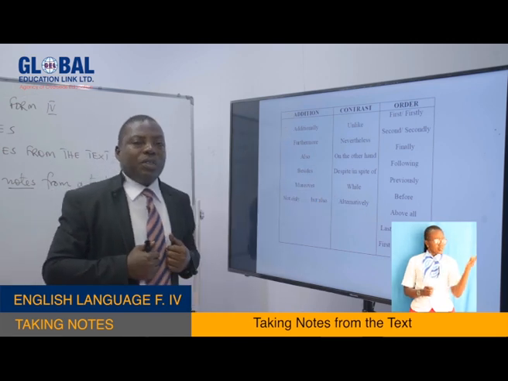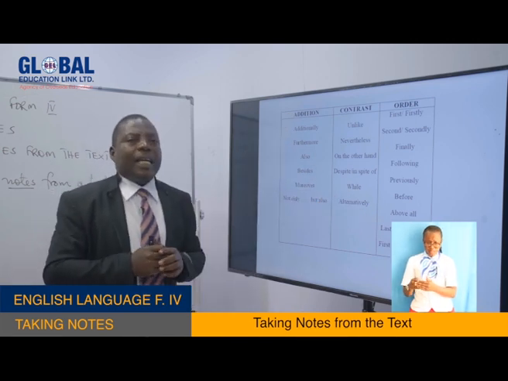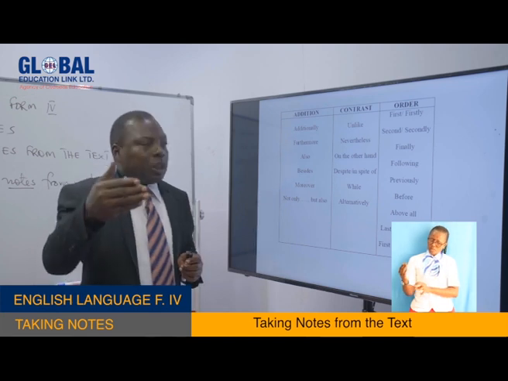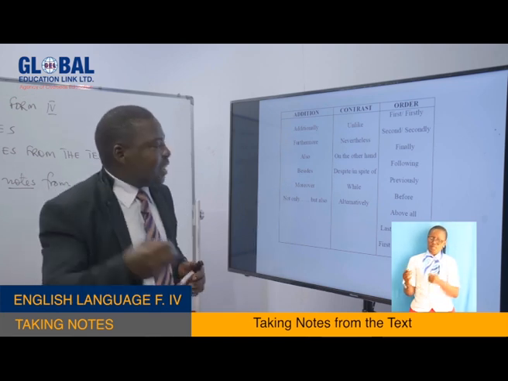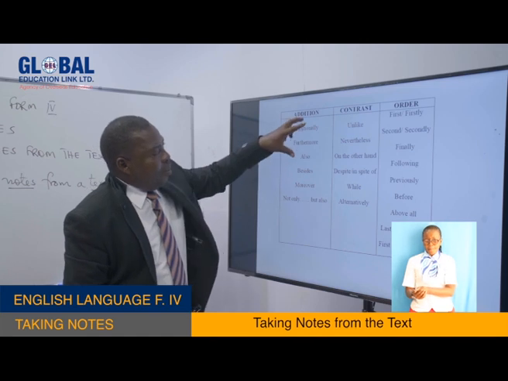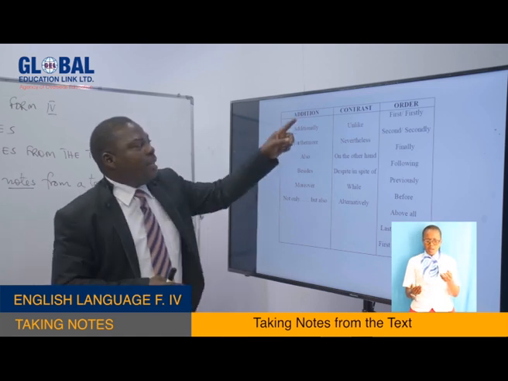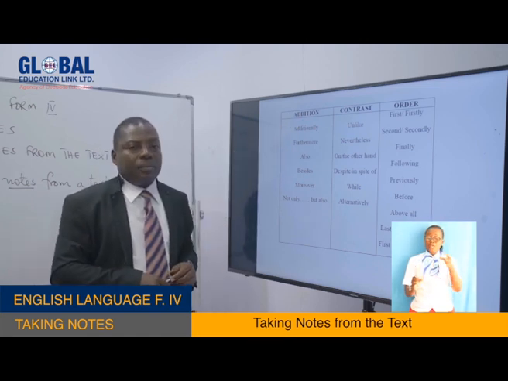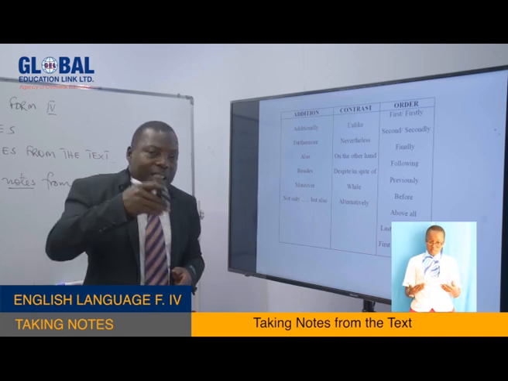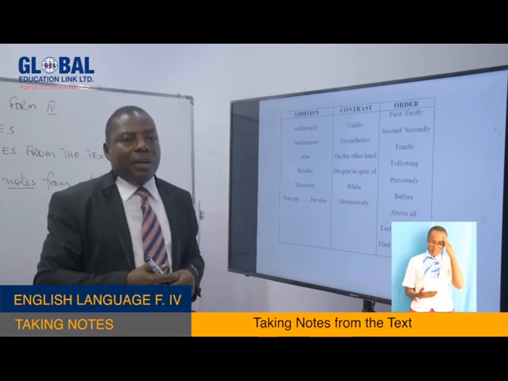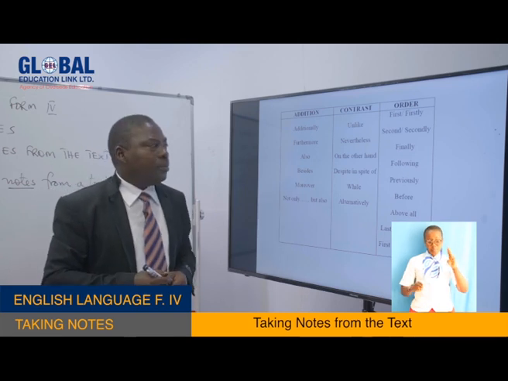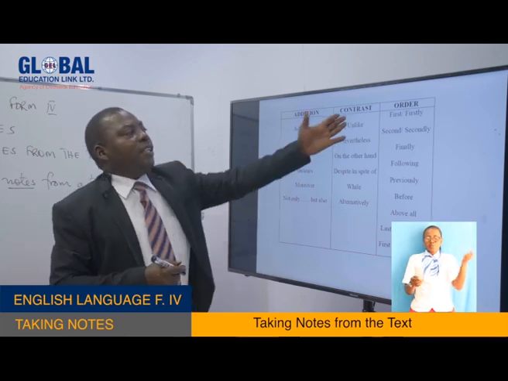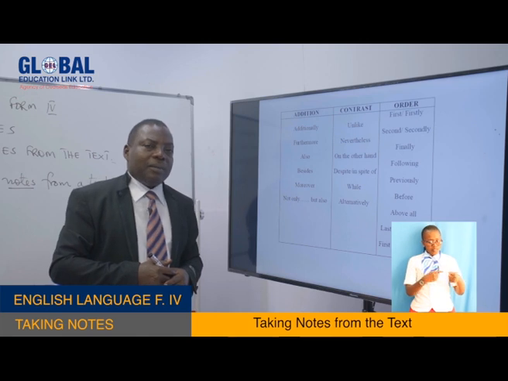Whenever we come across them in a text, they suggest that the point that has been made is an additional point. So here you know that it is a new point, so you have to note it down.